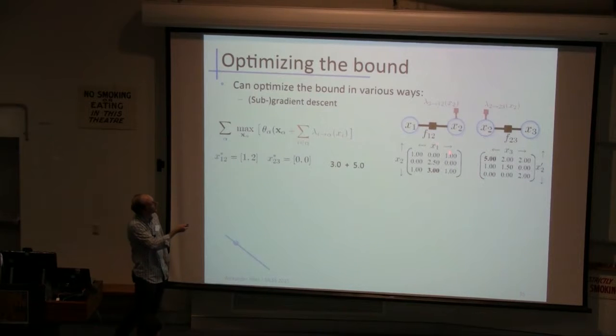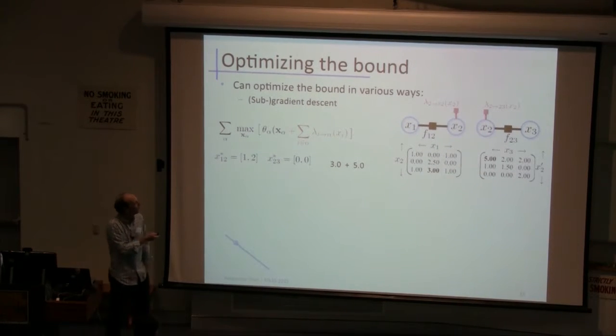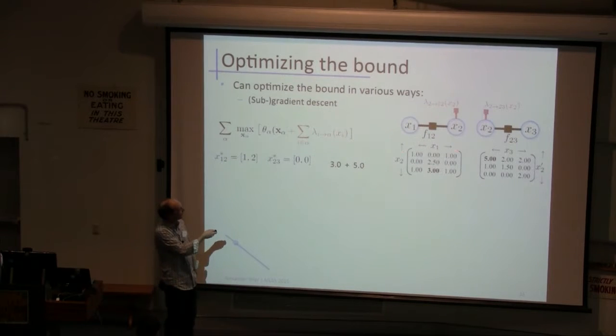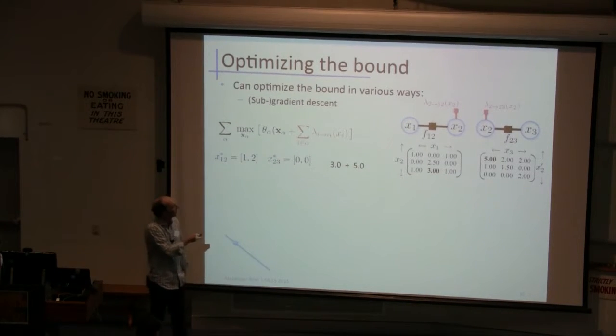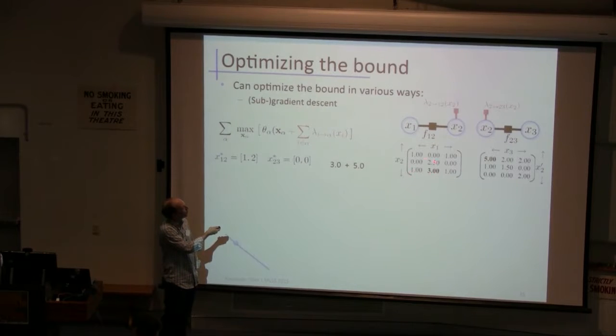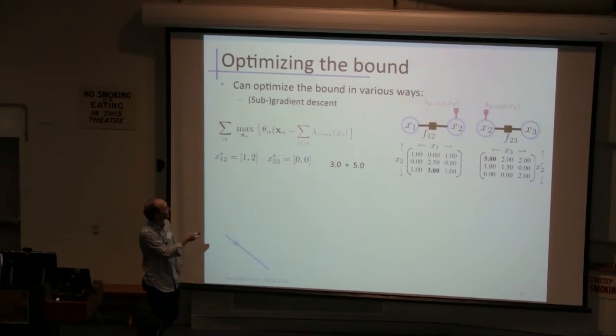So here's a small problem over x1 and x2 and x2 and x3. So the 3 by 3, each variable takes on 3 states. And just to illustrate how this works, the initial bound is given by choosing the optimum of this factor. So, sorry, these should be thetas. Optimum of this factor and this factor independently, right?